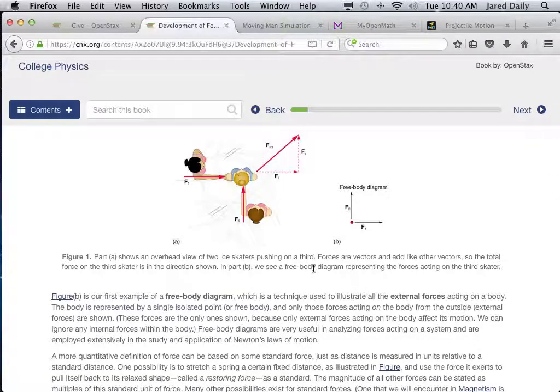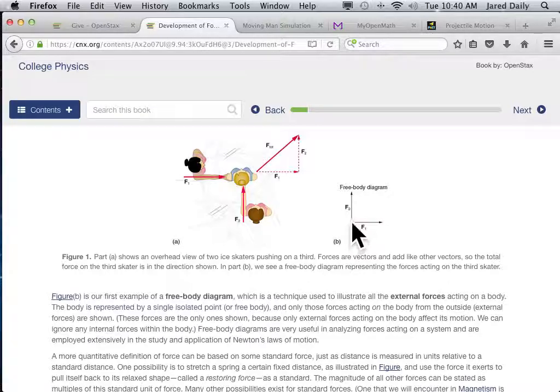When we have multiple forces acting on an object, we often draw what we call a free body diagram. We represent the body using either a point or some other simple shape. But if it's just as simple as it can be, we represent this blue skater with the point down here, this red point. So that's our skater now.